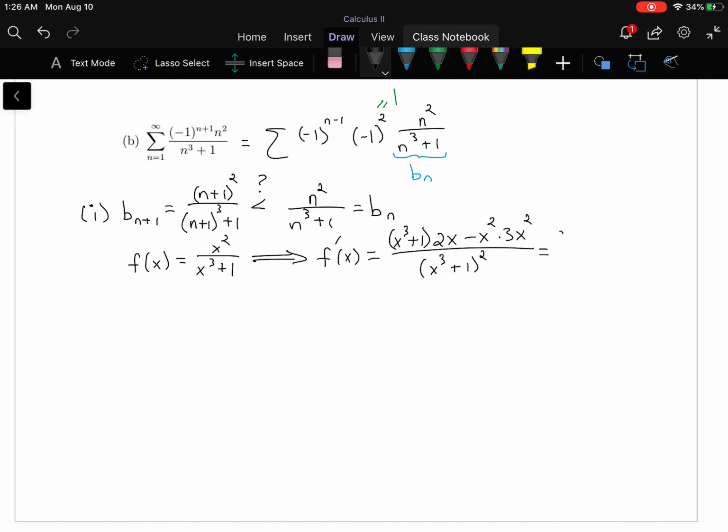I am going to have 2x to the 4th plus 2x minus 3x to the 4th over (x cubed plus 1) quantity squared. That numerator simplifies a little bit more. We're going to have 2x minus x to the 4th over (x cubed plus 1) squared.